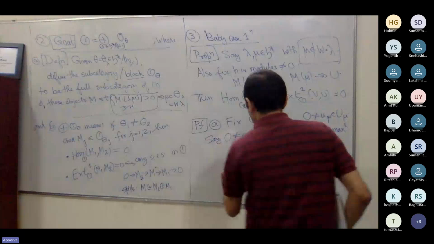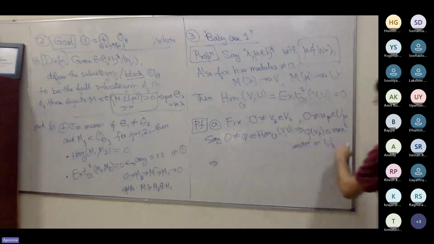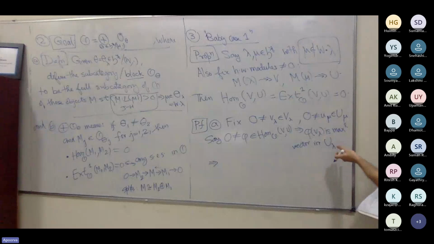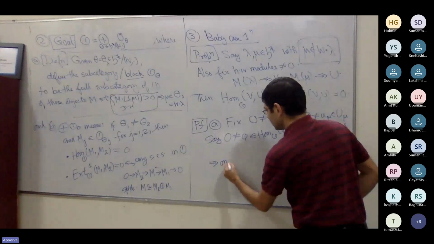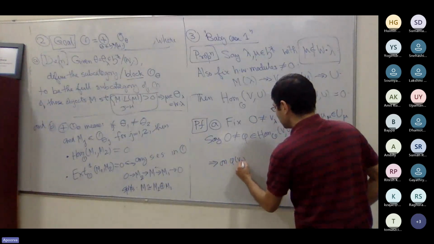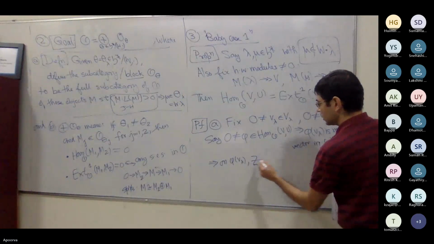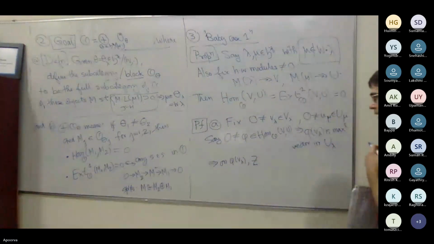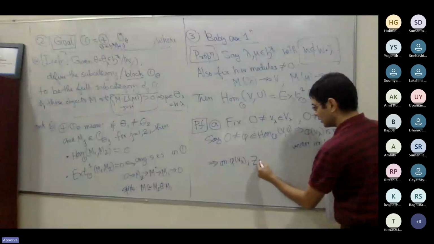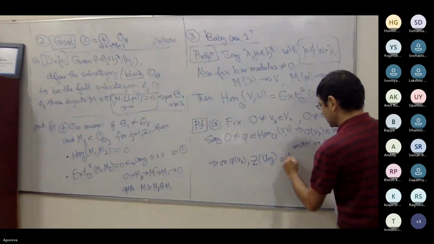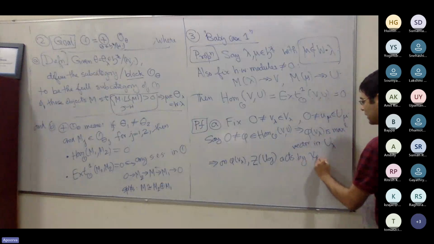Okay. So what does this mean? It means that if this thing is a maximal vector, then on phi of v lambda, the center of U(g) acts by lambda.